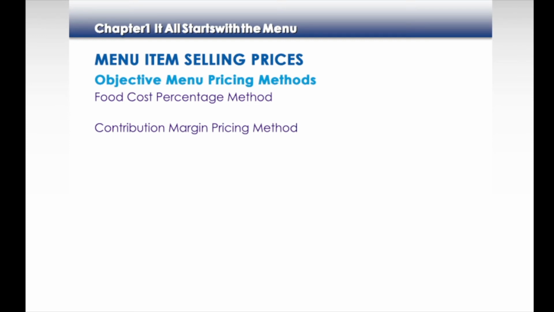So if we already know our non-food costs plus the profits that we want to make, and sometimes we dictate how much profit we want to make, we divide it by the number of customers that we expect to have during that time period, and that's going to be our average contribution margin per customer.